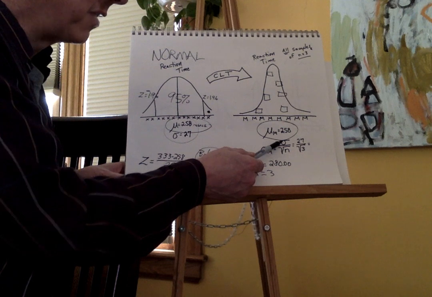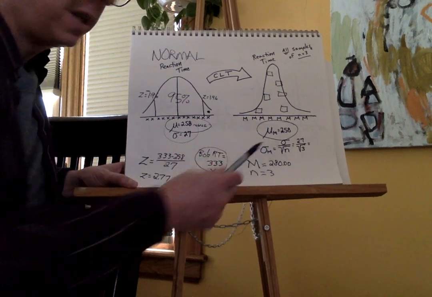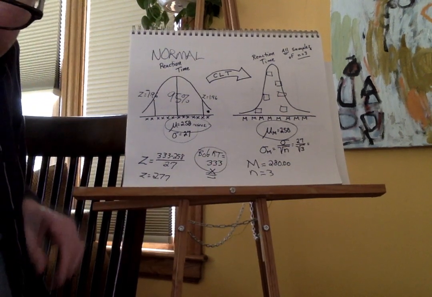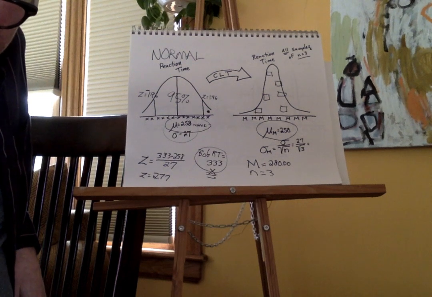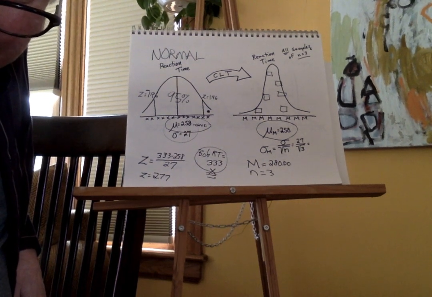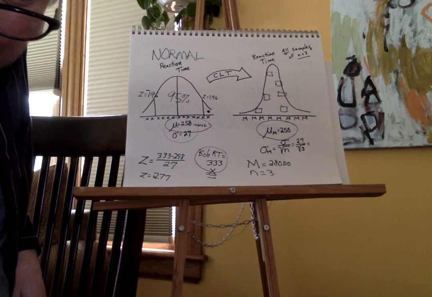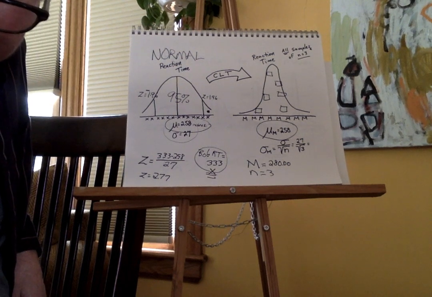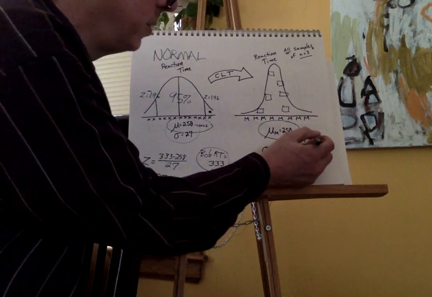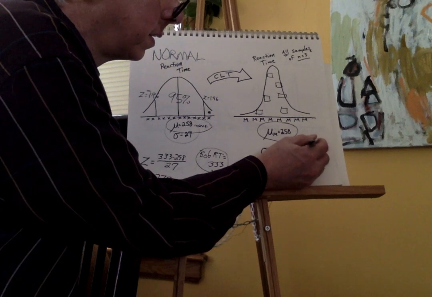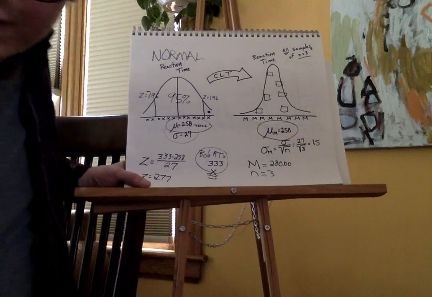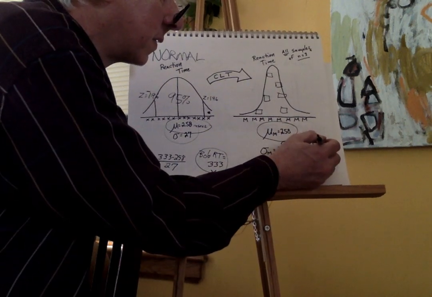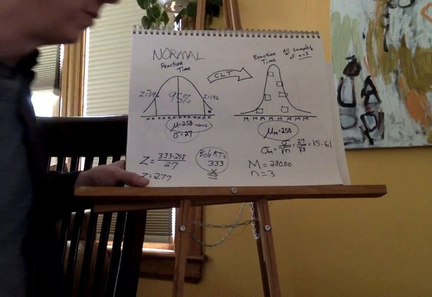Central Limit Theorem. What is it going to be? The original standard deviation divided by the square root of n. So let's see, square root of 3 is 1.73. So we're going to do 27 divided by 1.73. So this new value is 15.61. Everybody with me?